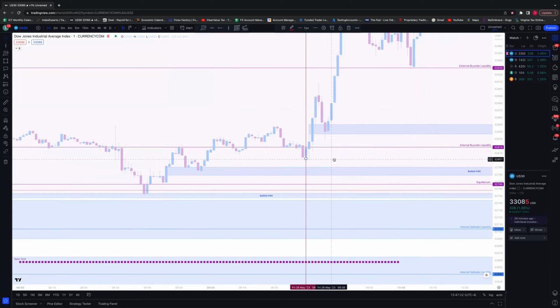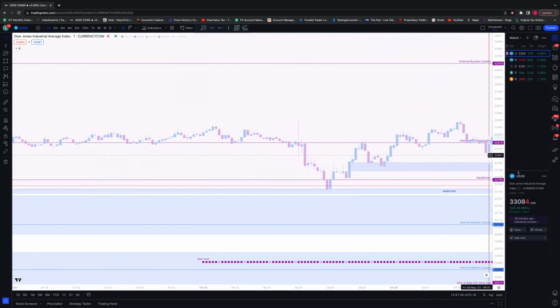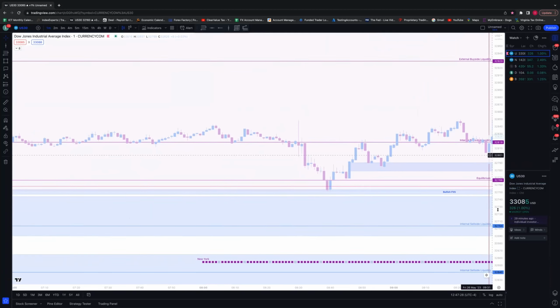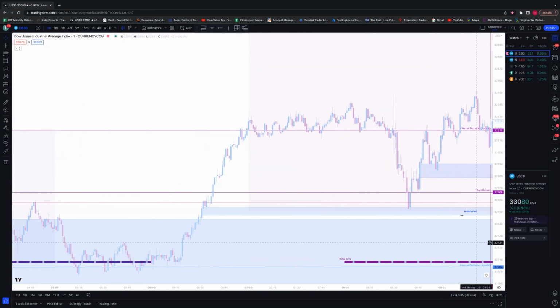So we're not looking at 9:30, we're looking before 9:30. We know this is our equilibrium. We know we just took buy side liquidity.